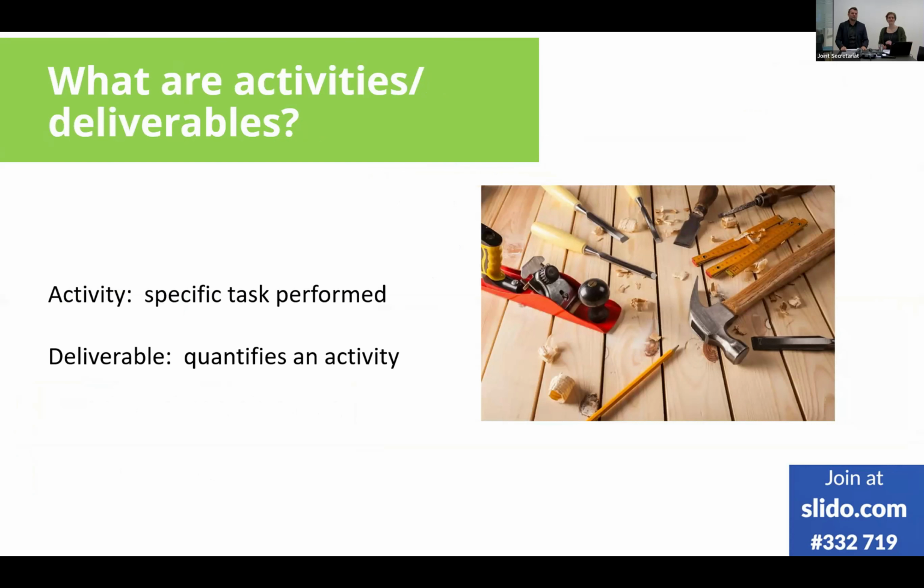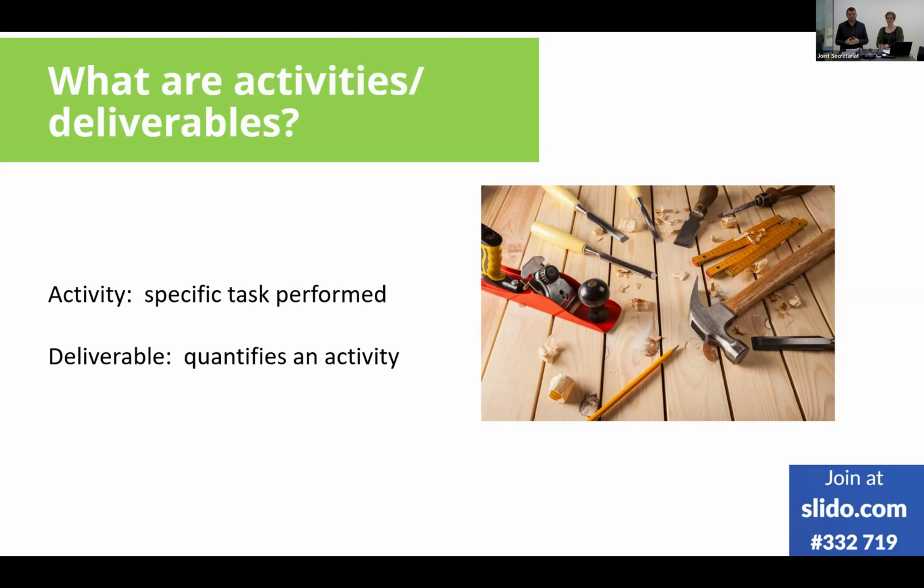Yes, as we said, a work package is a logically thought through bunch of activities. An activity is a specific task performed by the project partners, for which resources are used: money, human resources, you name it. So this is an activity, for example, discussion with partners.